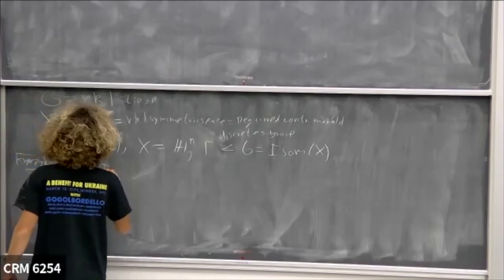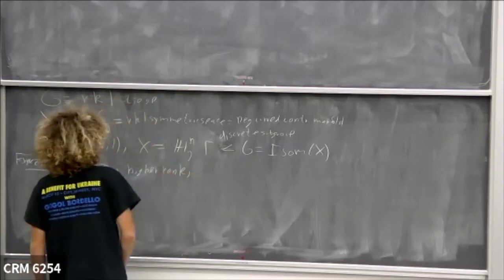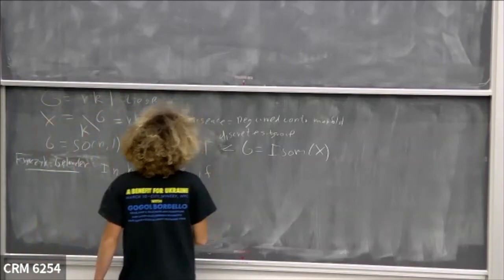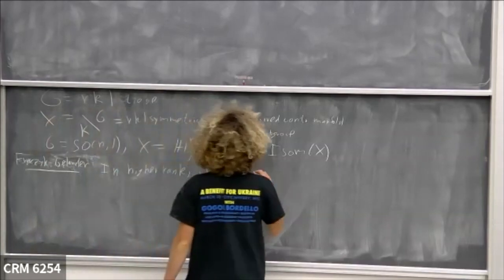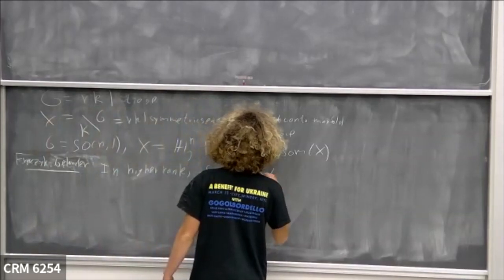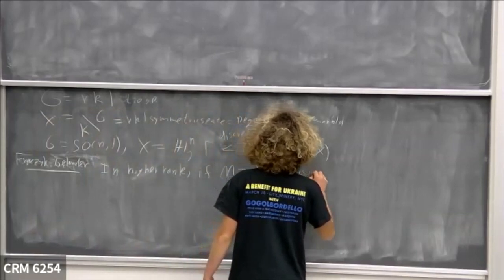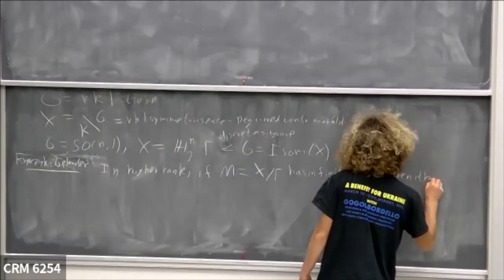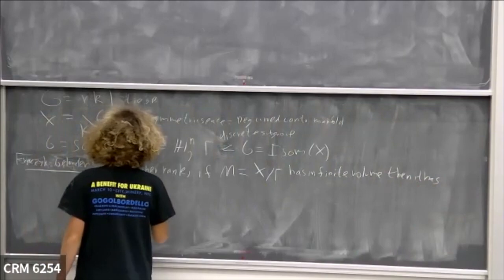That if this was not rank 1 but higher rank, if this quotient manifold M equals X mod gamma has infinite volume, then it has unbounded injectivity radius.